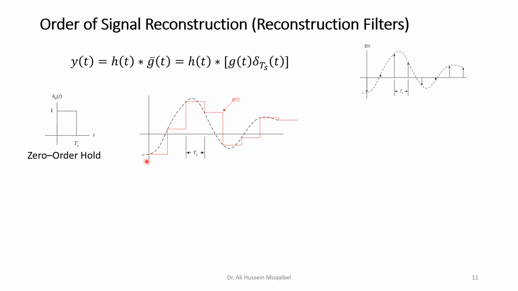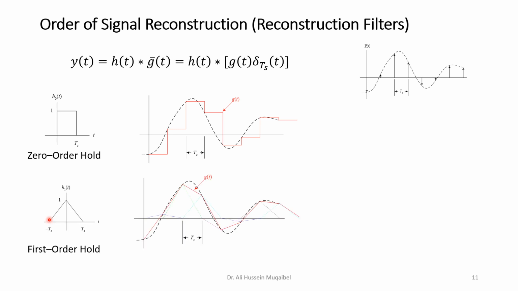Another sample, you hold. So your approximation in that case will be the red signal. It's like a staircase signal. It's not perfect. Alternatively, you can take it one step further, and you get a first order. This is a zero order, and this is going to be a first-order linear, and you replace every sample with a triangle. You can see the triangles, maybe the light colors.